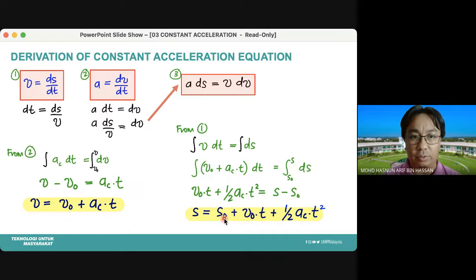Yang ada 0 kat bawah ni is the initial. And then plus 1 over 2 a_c, the constant acceleration, multiplied with t square. Right, t is the time lah. So this will be the second equation that we can derive from the three basic kinematic equations in the case of constant acceleration.